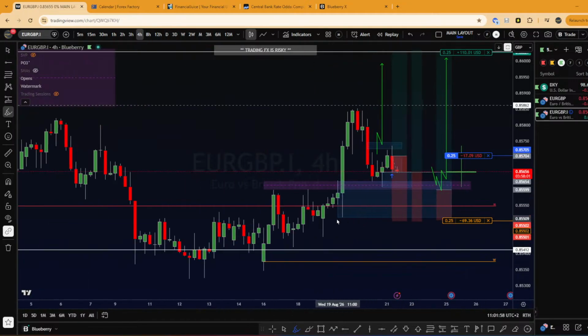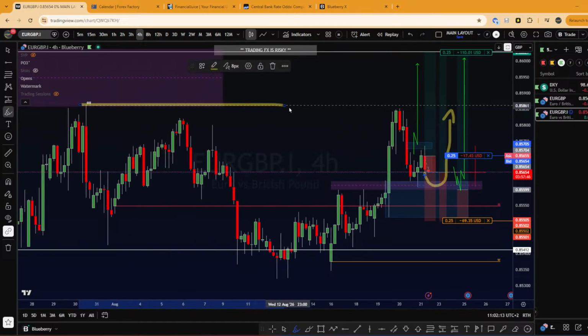So that's why I put my stop just below here. I don't know if it's risky, but I will use it as my first stop loss, my last line of defense, because I really want to target these highs.